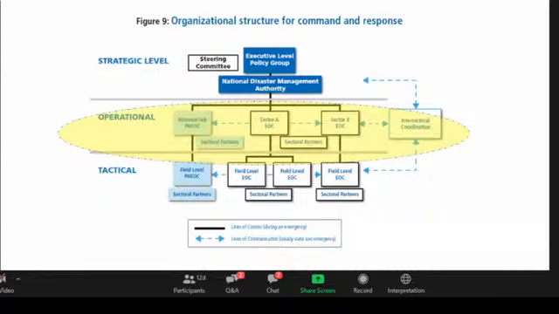But in some resource-constrained countries, the operational level EOC may stay with the national level EOC structure. For example, the National Disaster Management Authority also maintains EOCs, which can also lead the PHEOC, the public health emergency operations center.